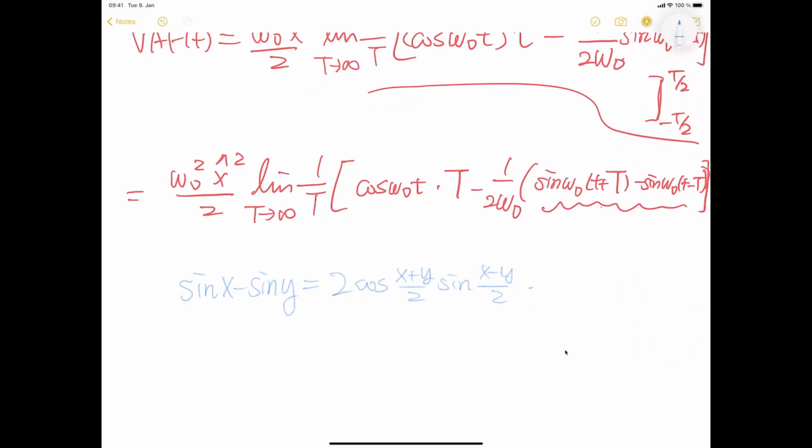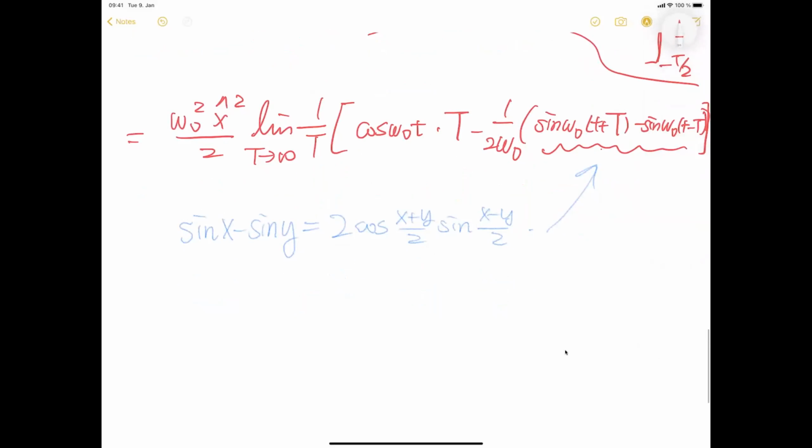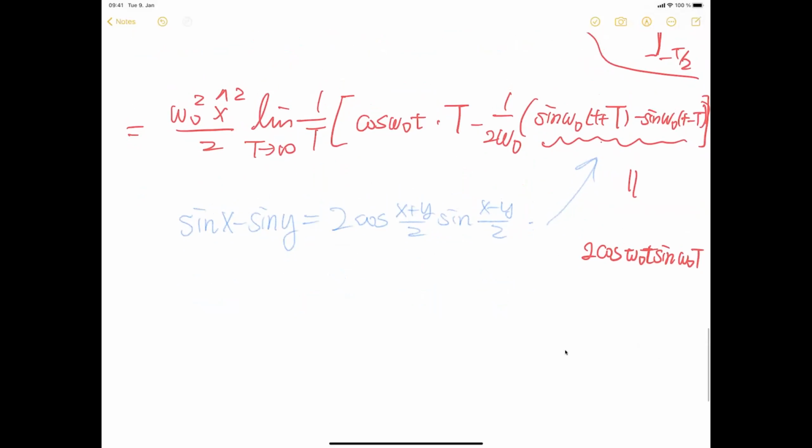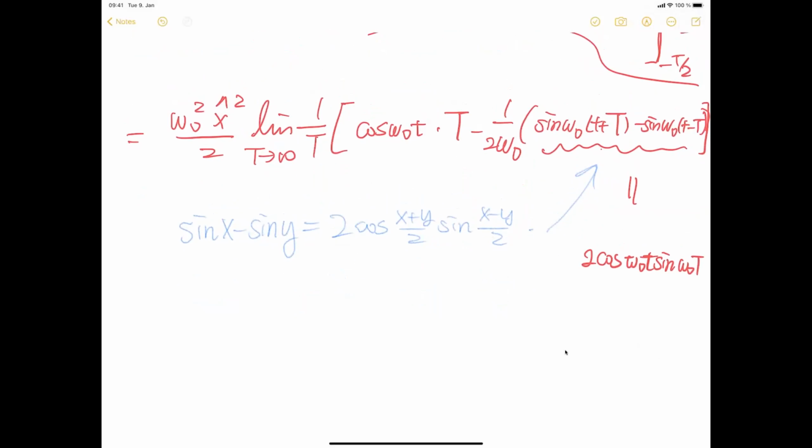You can plug in this here, and you will get 2 cosine. So you can identify x and y. So x plus y over 2 is omega 0 small t, and sine (x minus y) over 2 is sine omega 0 capital T. This is small t, this is capital T.